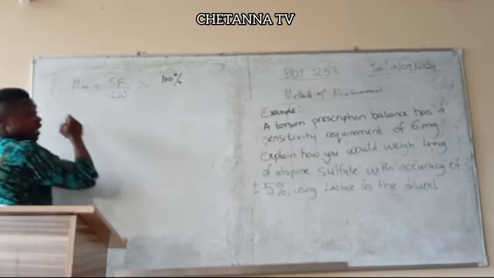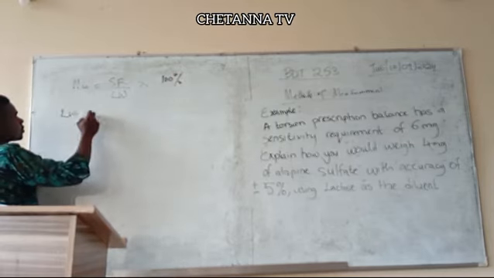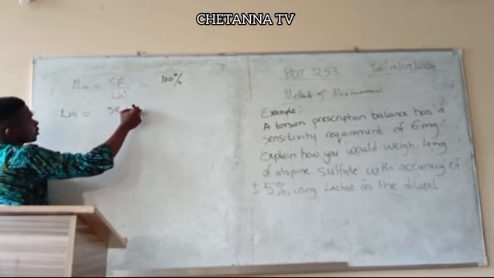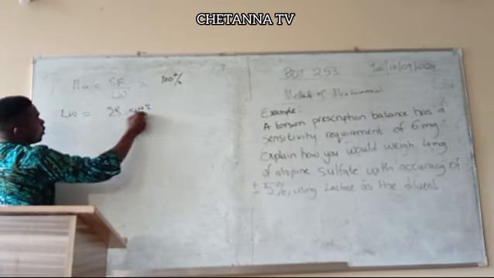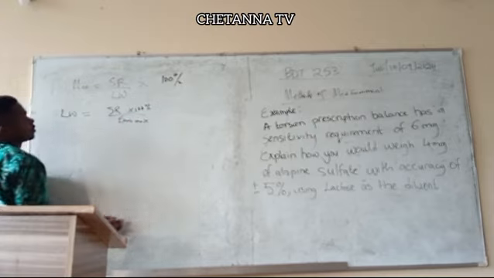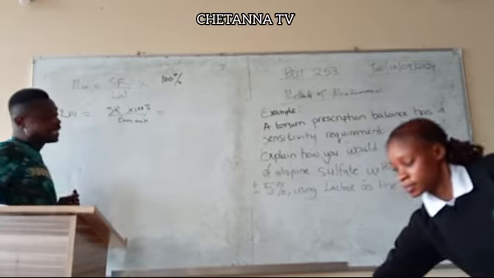So our minimum weight is SR times 100 over the error mass, right?